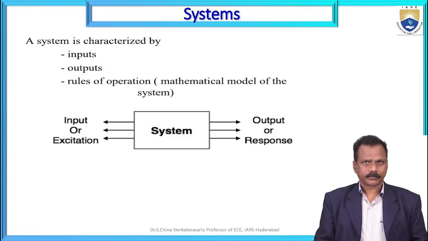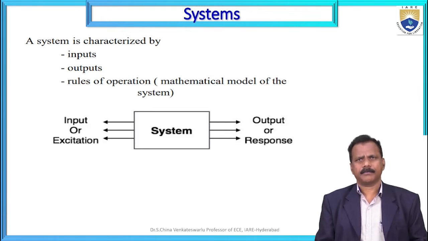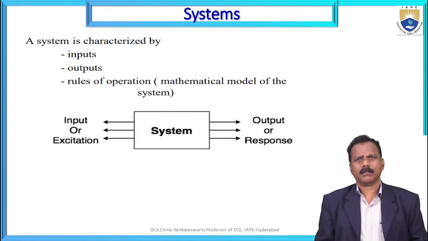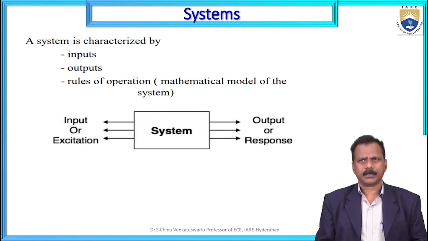A system is characterized by input, output, and rules of operation. The rules of operation may be a mathematical model or a practical model, but here we follow the mathematical model of the system. Based on the system input, or excitation, we expect the output, or responses.